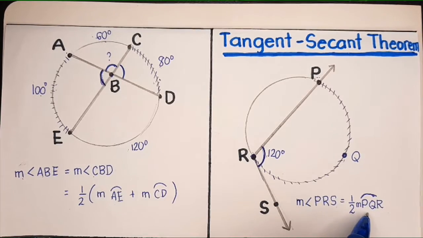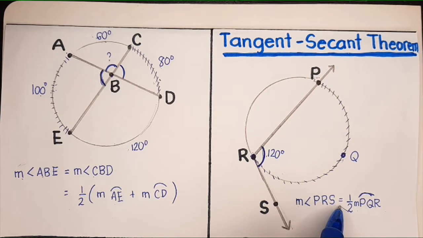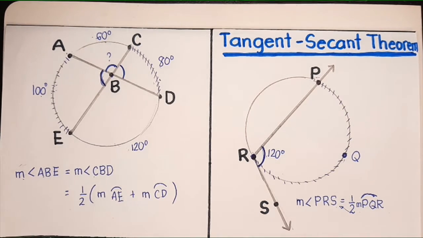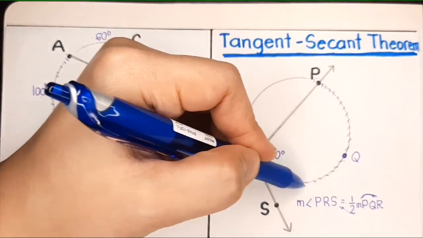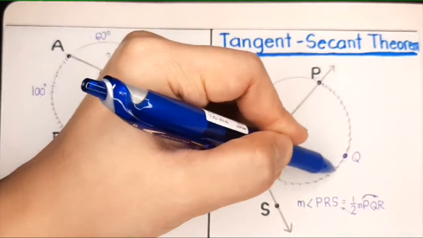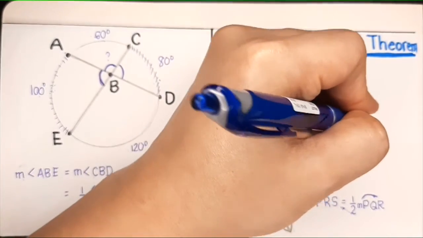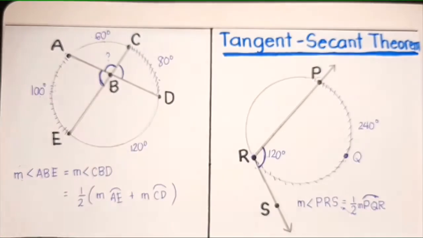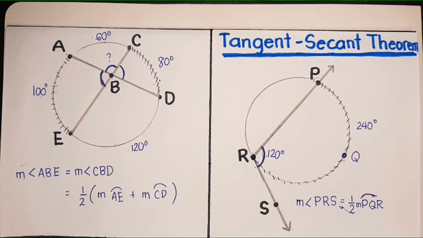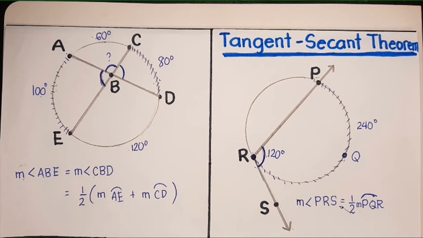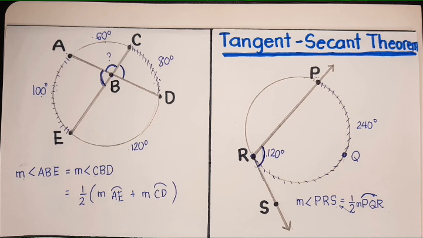To find this, all you have to do is to multiply the measure of the angle by 2. Okay? So, this intercepted arc measures 240 degrees. Alright? Okay. So, again, this discussion is very easy. All you have to do is to familiarize yourself with the formulas. Okay? Let's move on.